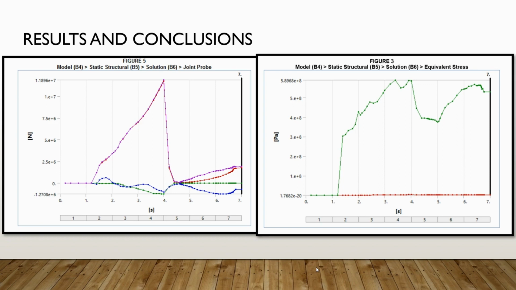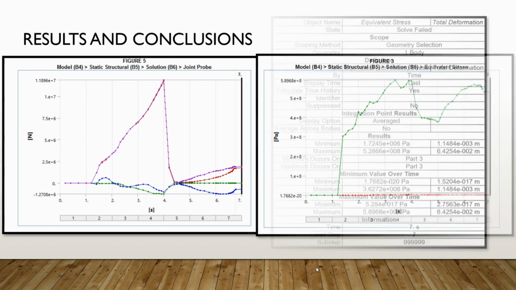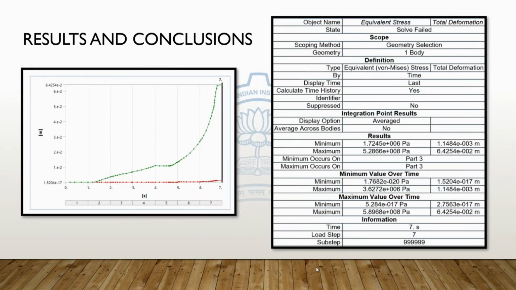We can again see that the maximum stress reaches a peak at around 4 seconds, when the dies are the closest, and then as the dies move back, the stress values decrease, and finally decrease very well after 7 seconds. On to the next slide.